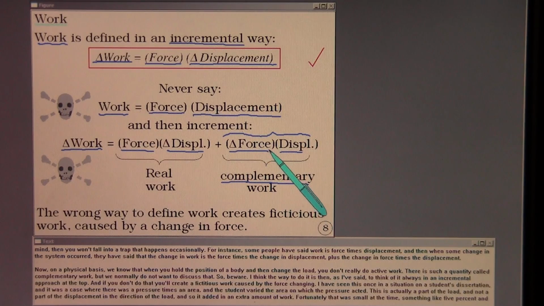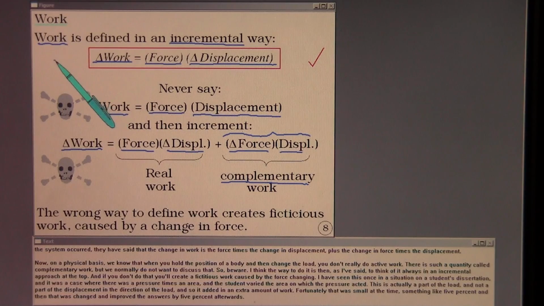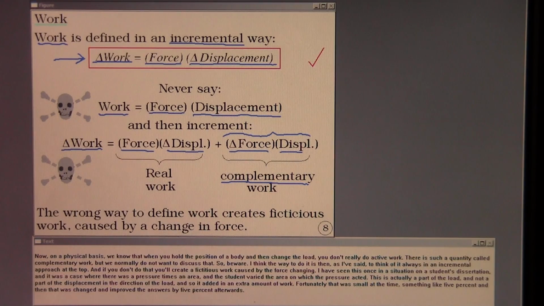So beware. I think the way to do it is to think of it always in the incremental approach at the top. If you don't do that, you'll create a fictitious work caused by the force changing. I have seen this once in a student's dissertation, in a case where there was a pressure times an area, and the student varied the area on which the pressure acted.